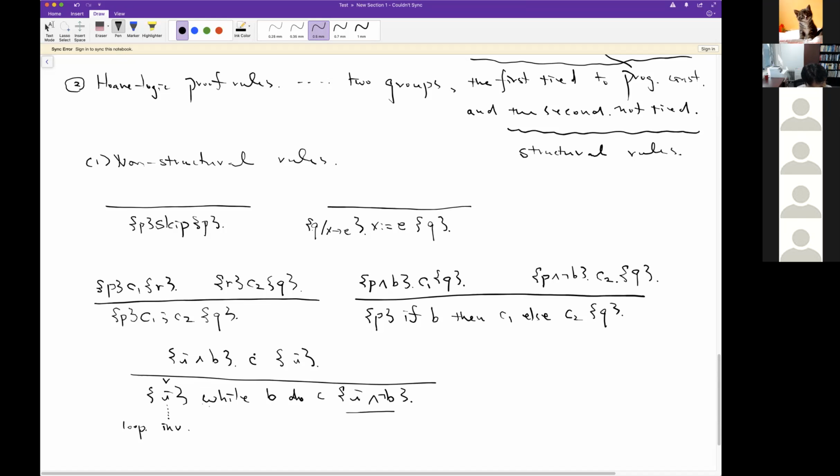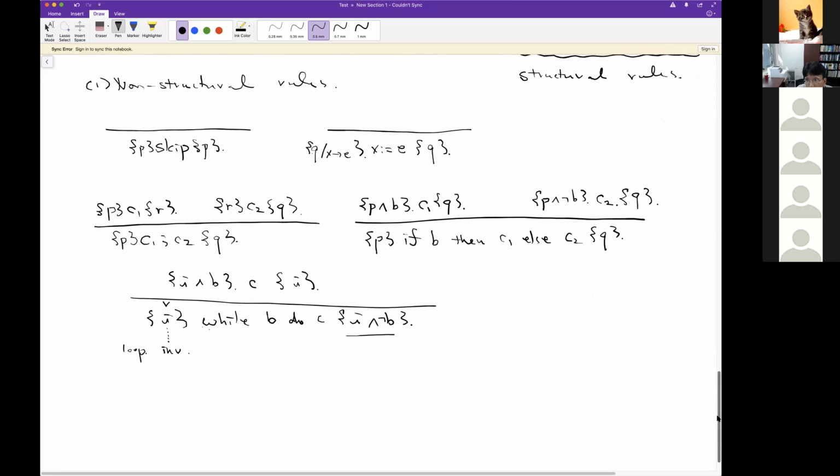If we can show the body C preserves I under the loop condition, then we can conclude what you see in this rule, which is if I is true initially before running the while loop, then I will be true after the loop finishes, and also the negation of the loop condition will be true there. So these are the other rules.